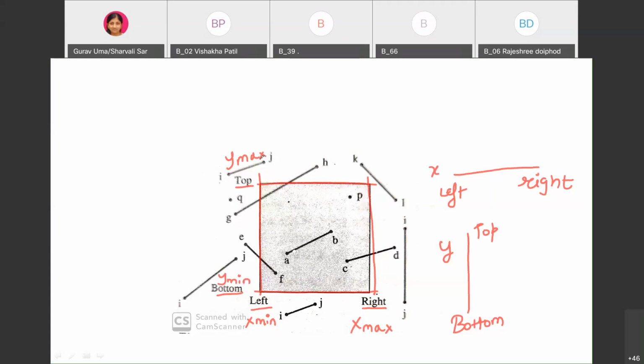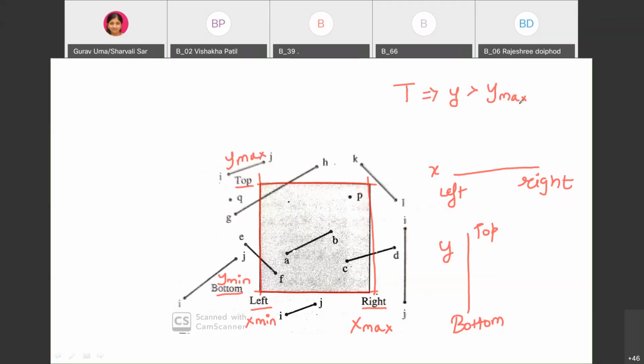Now see this diagram and tell me when the top is called. Top will be called when y is greater than y max.